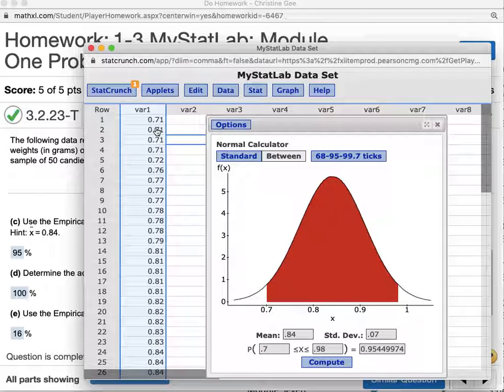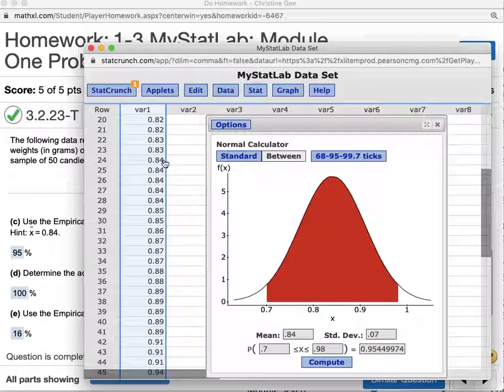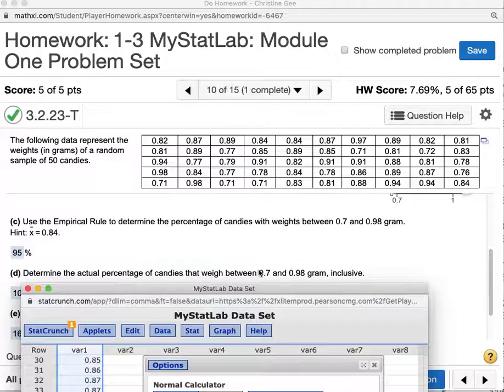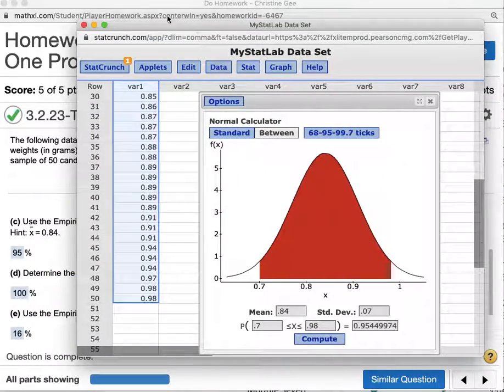I'm just sorting the columns. From 0.7, so that's including 0.71, all the way to 0.98. So that would include 100% of the data.